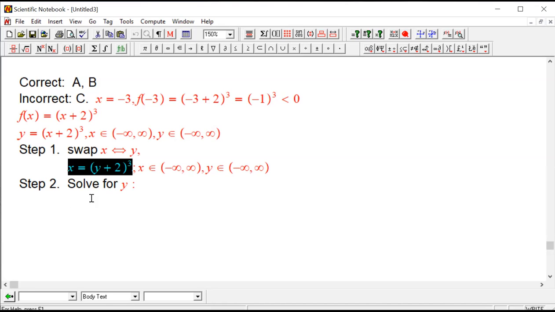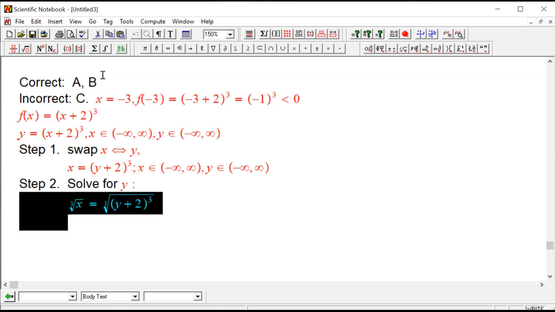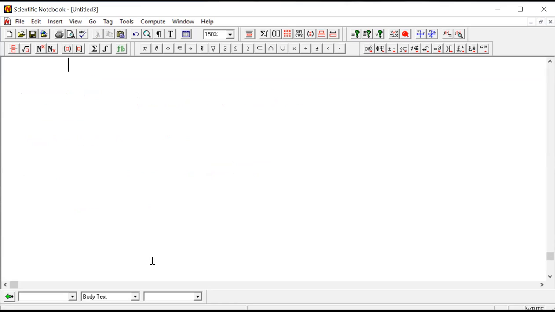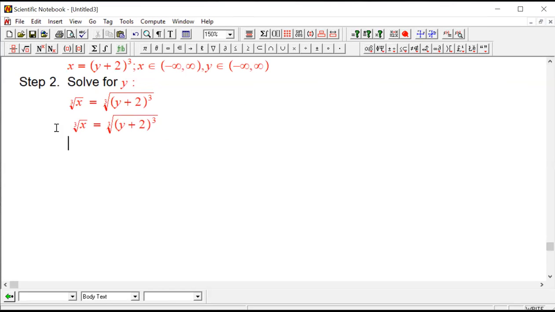Then I'm going to take a cubic root on both sides. The left-hand side stays as it is, and the right-hand side is just y plus 2. We've seen this before. Next, you subtract 2 on both sides.